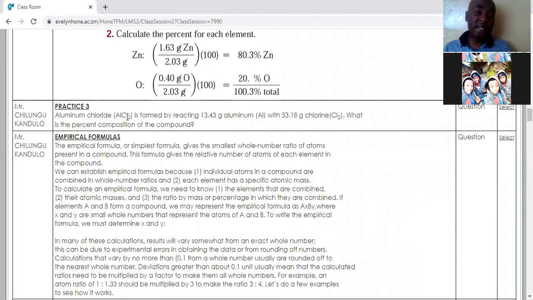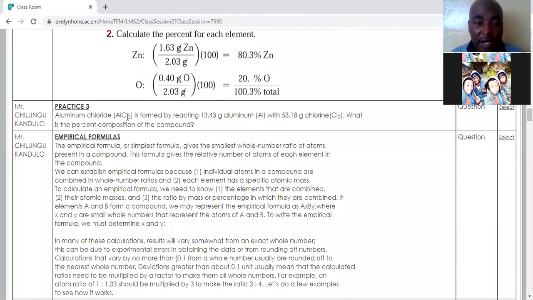So there's a mention there to say we can establish empirical formula because, one, individual atoms in a compound are combined in whole number ratios. So there's almost a factor. If there's a factor there, it can easily be dealt with, because we don't talk about H2.5. We don't do fractions there.